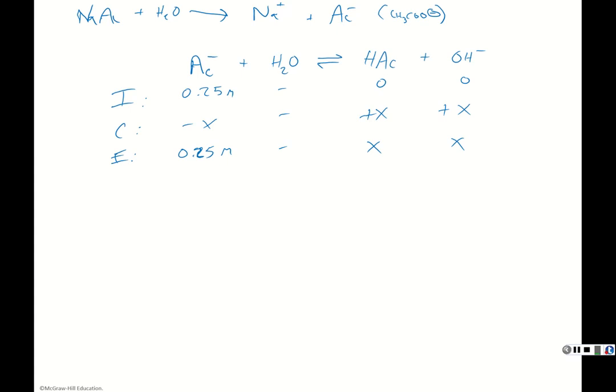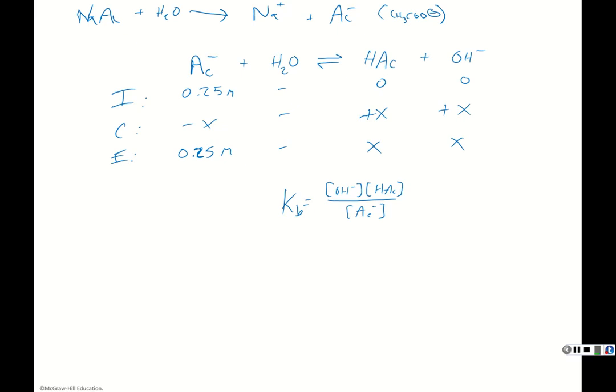Okay, so now we can write our expression for Kb. Kb would be our OH minus concentration times HAC divided by AC minus. And we could plug those values in. The problem is we don't know Kb.